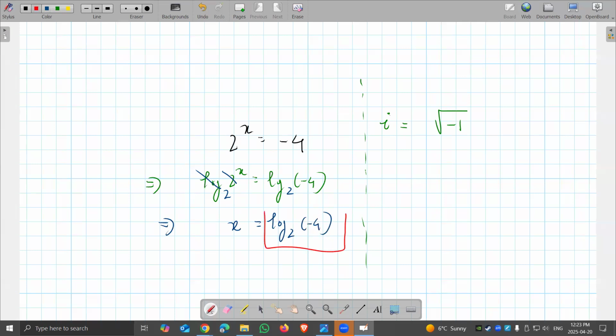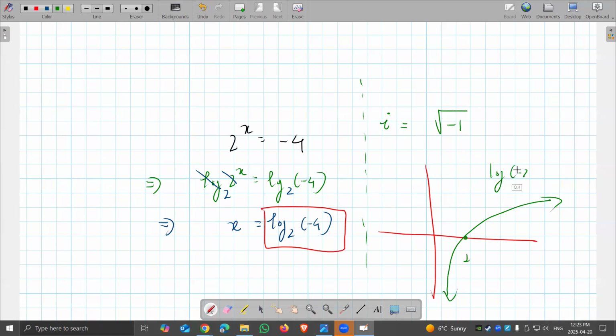Now let's look at the curve of log base 2 of x. Log base 2 of x looks like this. Would the x value for this log function ever be negative?